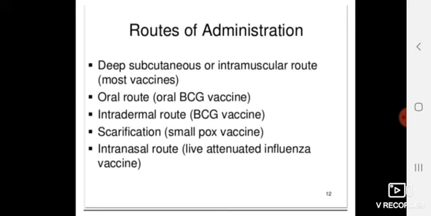And one more thing: from 3 to 5 years, every 6 months we need to give vitamin A orally. That is the common vaccination schedule of the Government of India, but in the private sector there are some changes.